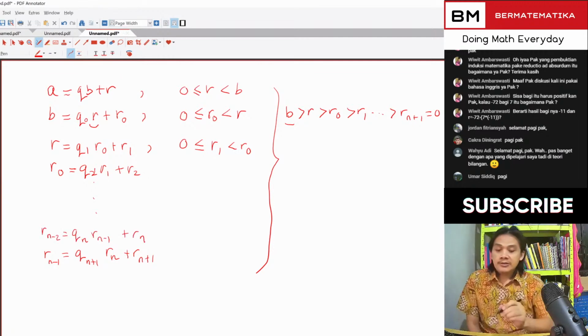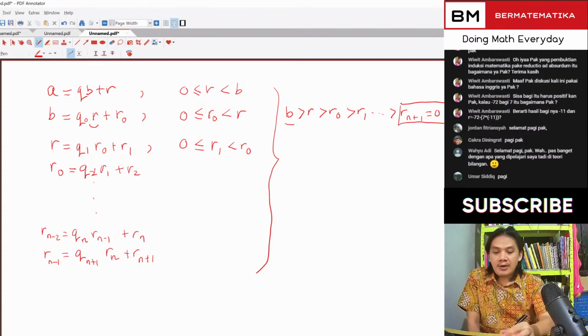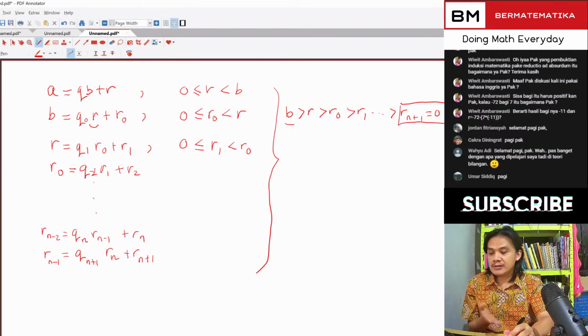Okay, so let's say that the r with index n plus 1 is the first time that the remainder reaches 0, right?